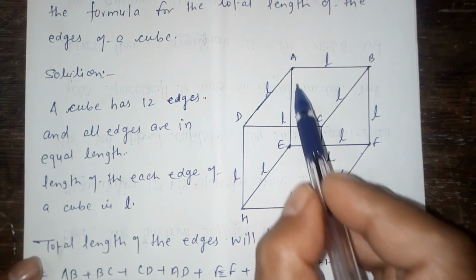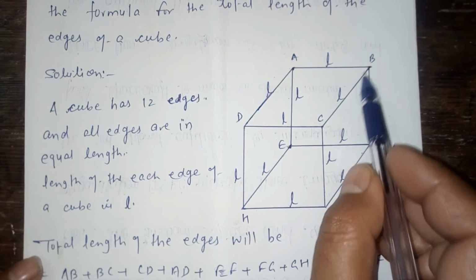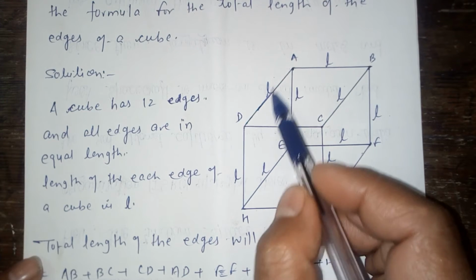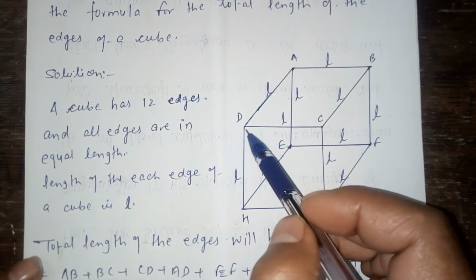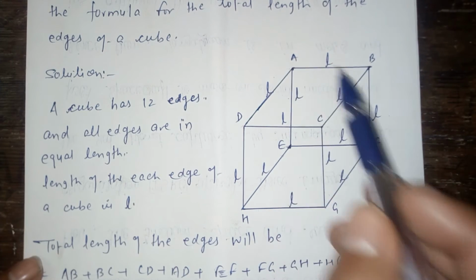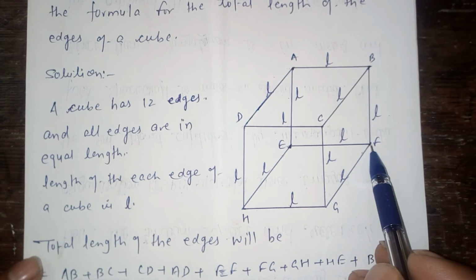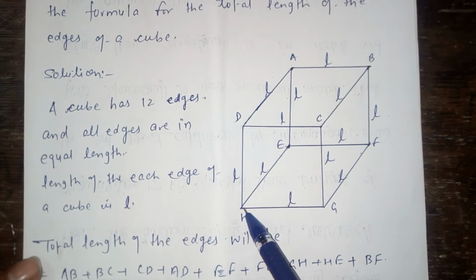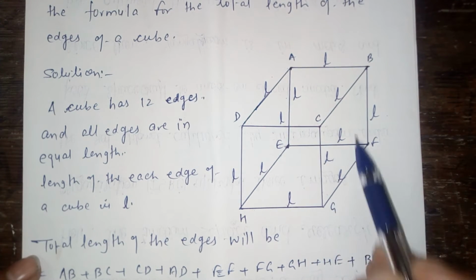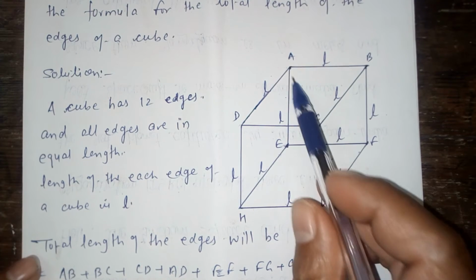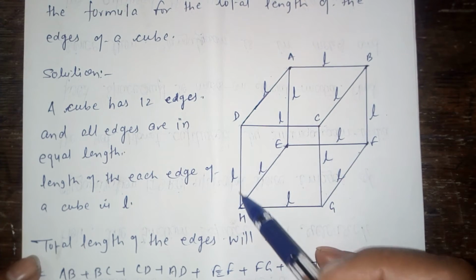How? Look here. This is 1, 2, 3, 4. Again 1, 2, 3, 4, 5, 6, 7, 8, 9. This is 10, 11, and this is 12.